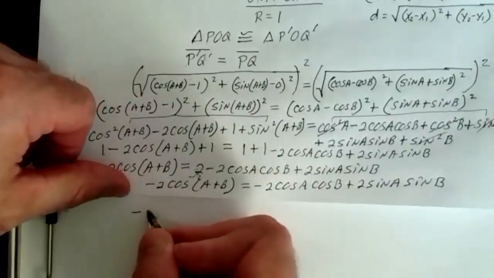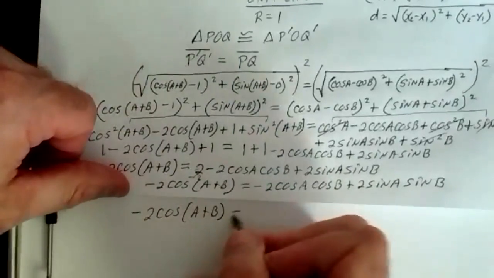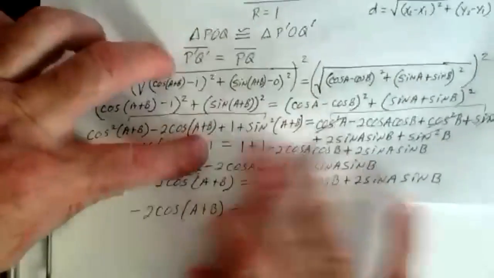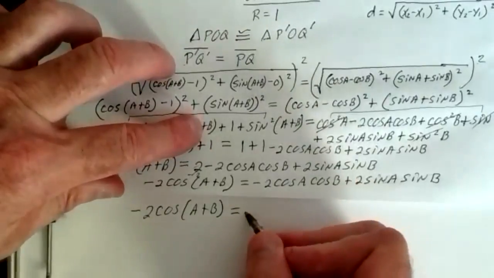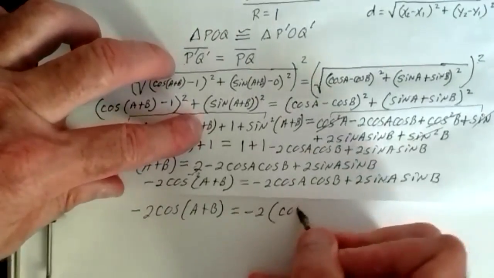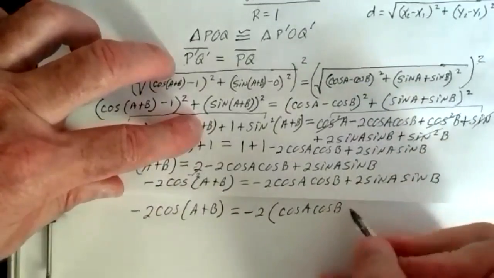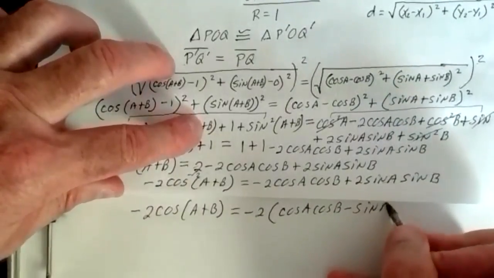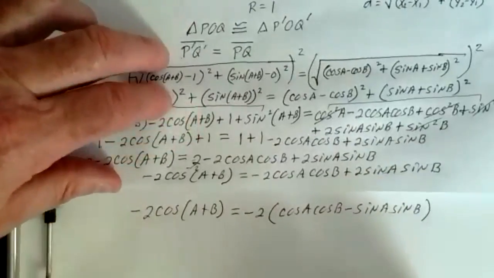So my equation now is -2 cosine A plus B. And on the right-hand side, like I said, I'm going to factor a -2 out of both these terms here. So we'll have -2 times cosine A cosine B minus sine A sine B.